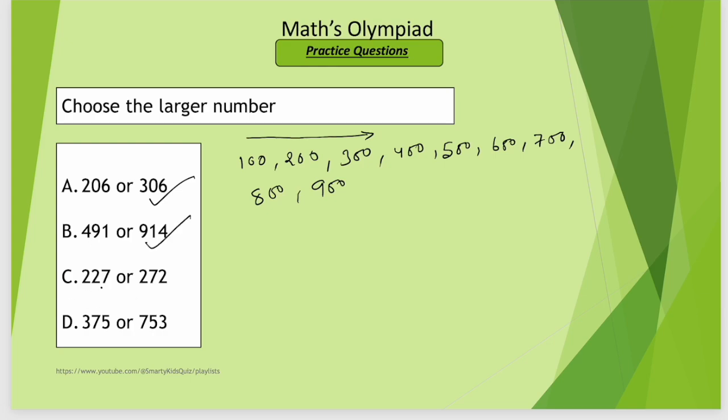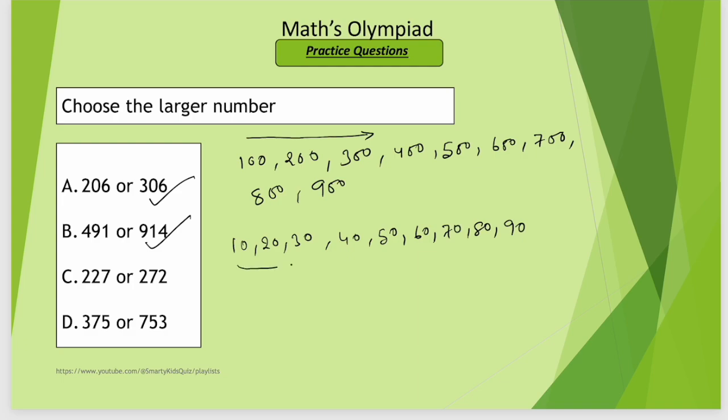This is 227, 272. Now here both are 200 series, 200, 200. But the difference is here. Here it's 27 and 72. So for understanding, we can write all tens: 10, 20, 30, 40, 50, 60, 70, 80 and 90.